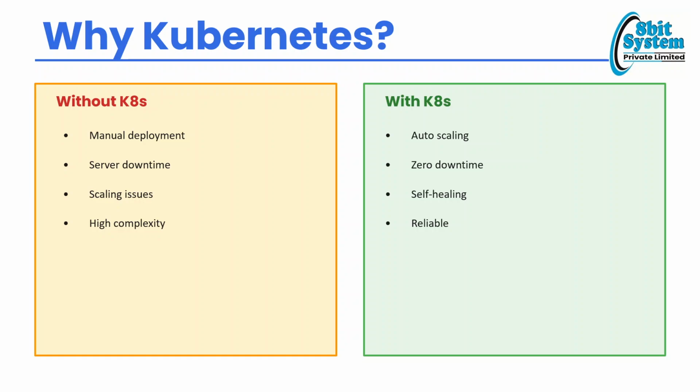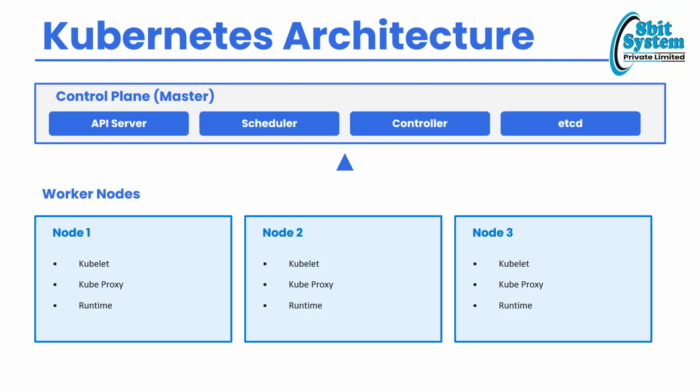Let's move to Kubernetes architecture. Kubernetes uses a master and worker architecture. Think of it as a command center with multiple workers. The control plane, or master, is the brain of Kubernetes. It has four key components. First is the API server, your entry point.